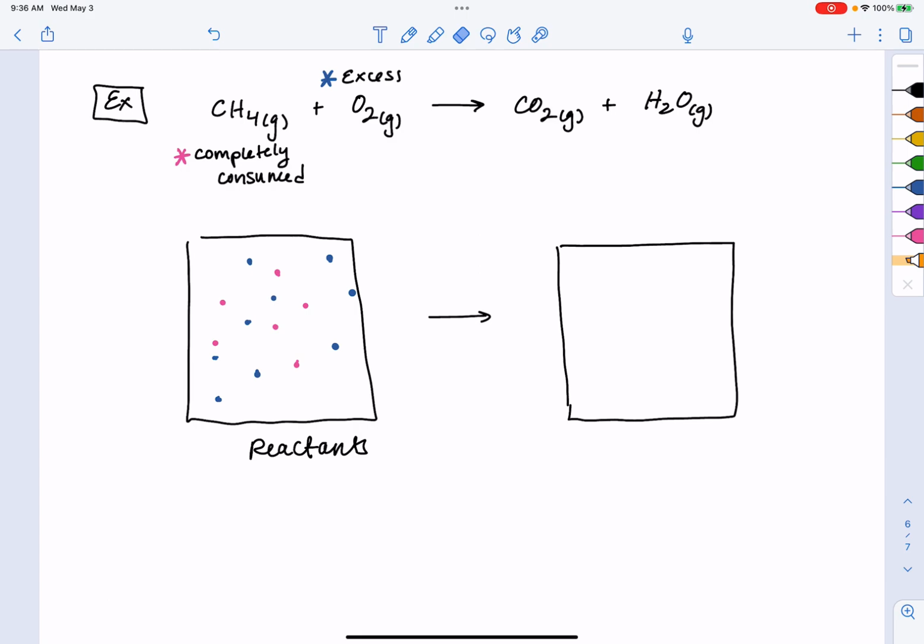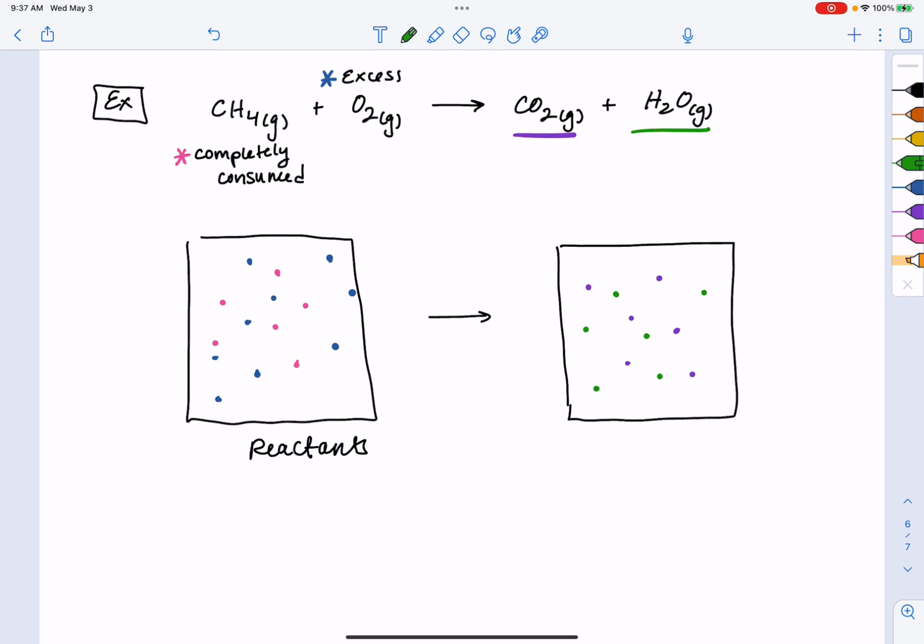Oop, that's an eraser. CO2. Okay, everything's 1 to 1, so I have to have the same amount of methane molecules as I do carbon dioxide made. So I had 1, 2, 3, 4, 5, 6. So I need to have 1, 2, nope, that's all used up. We need purple. 1, 2, 3, 4, 5, 6 moles of CO2 made. And then we've got our H2O gas, which again also is in 1 to 1.